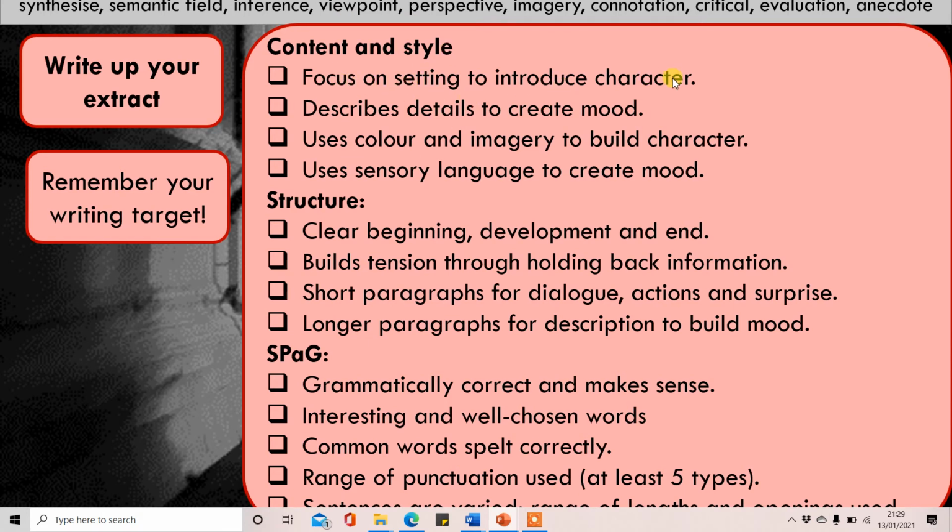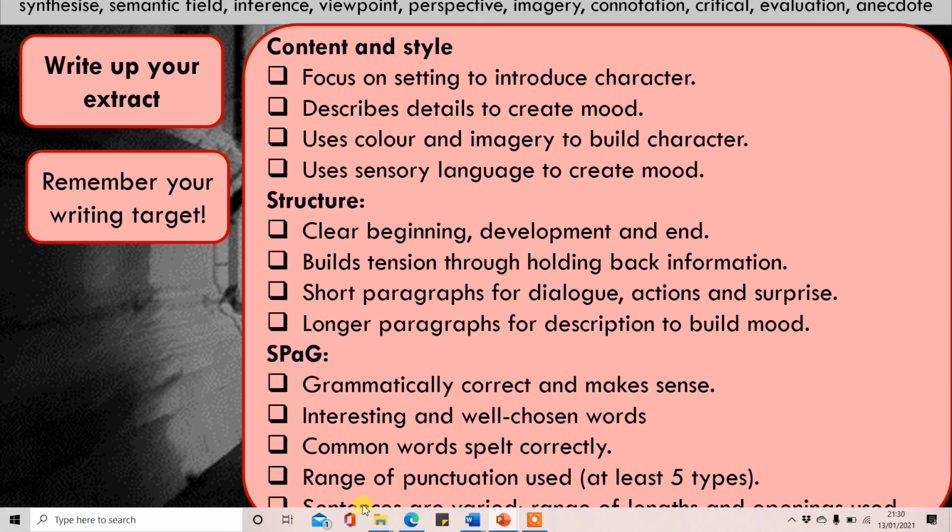Focus on setting to introduce your character, describing details, using color imagery to build character, using sensory language to create mood. Think about your structure. We've given you the structure for how to structure the piece. Make sure you stick to it. The structure is important. It is equally important to the language. And then, of course, your spelling, punctuation, and grammar.